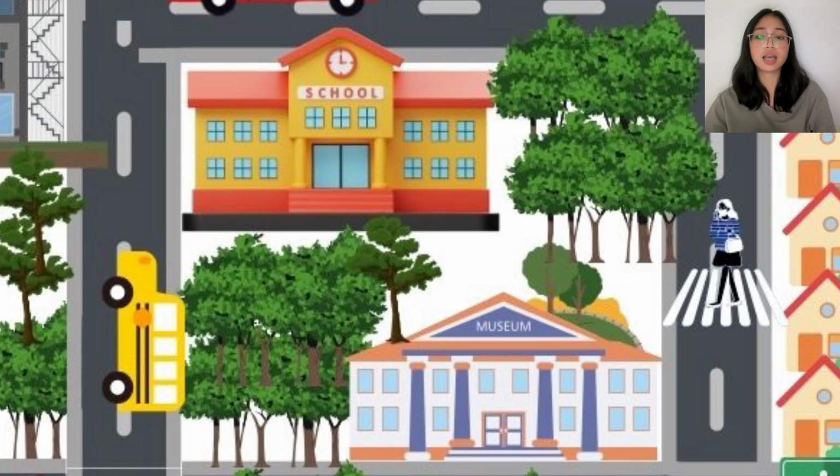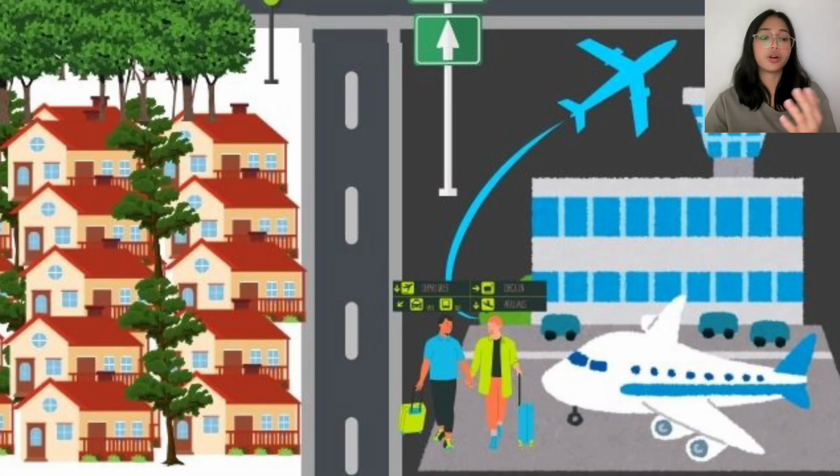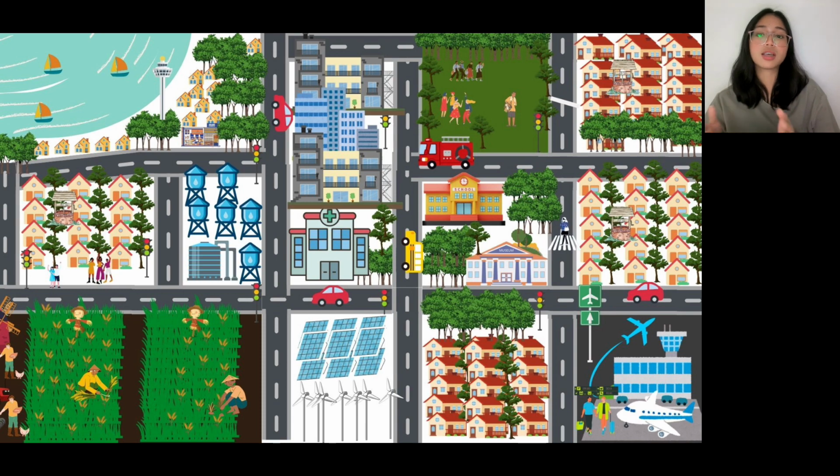Below that is our school. There is an elementary school and a university for college. Below that is another residential area, and the right side of that is our airport. Above the airport is another residential area, and next to it is another residential area. So that's the overall appearance or overall map of our community.